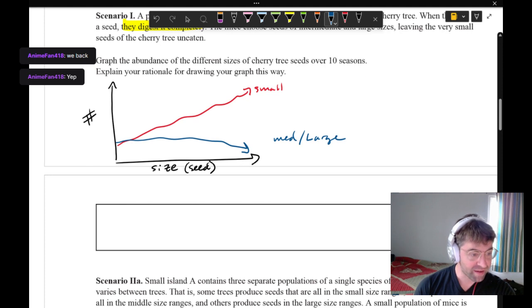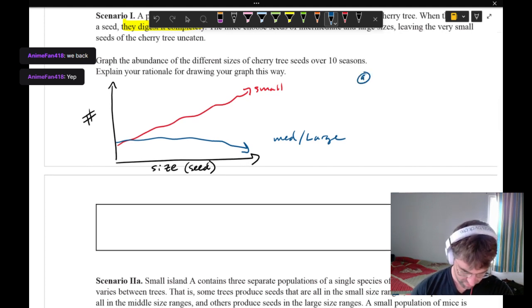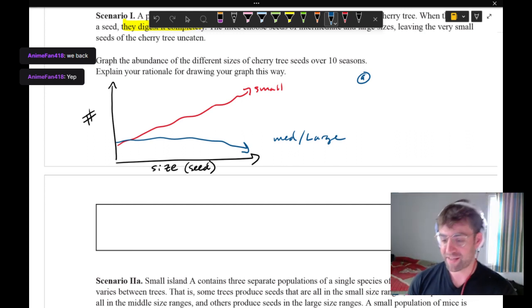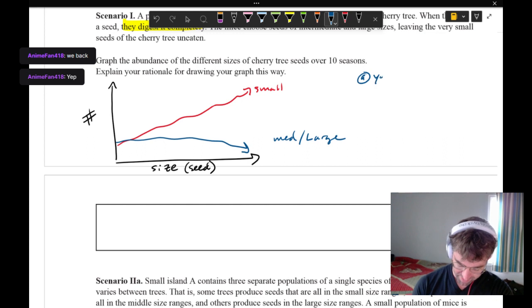And going back. So I kind of skipped to the end there, but A, is natural selection occurring? Yes. B, is there a difference in fitness? Yes.